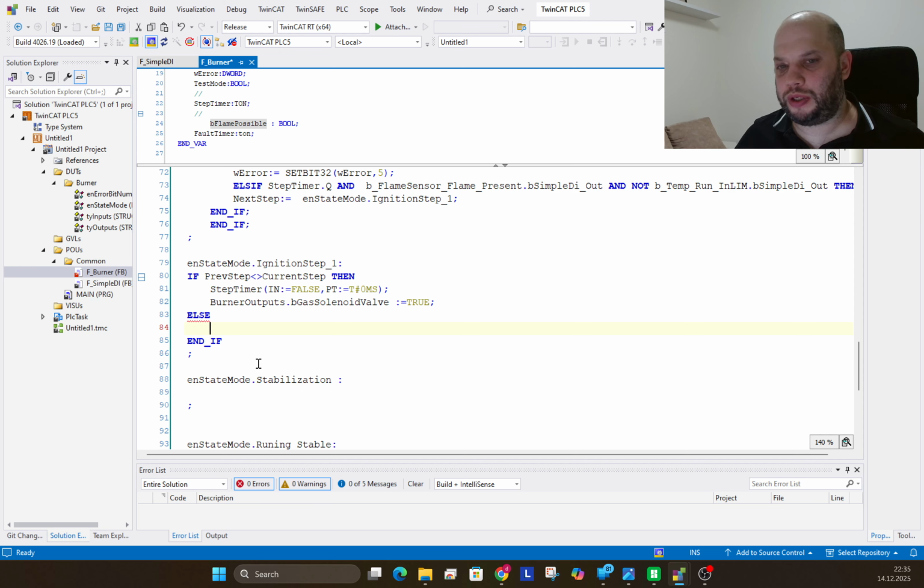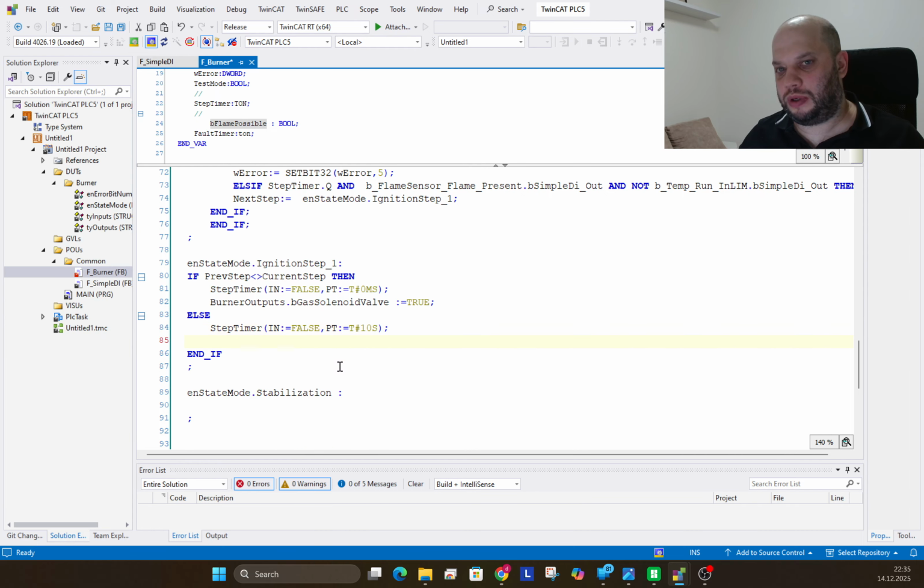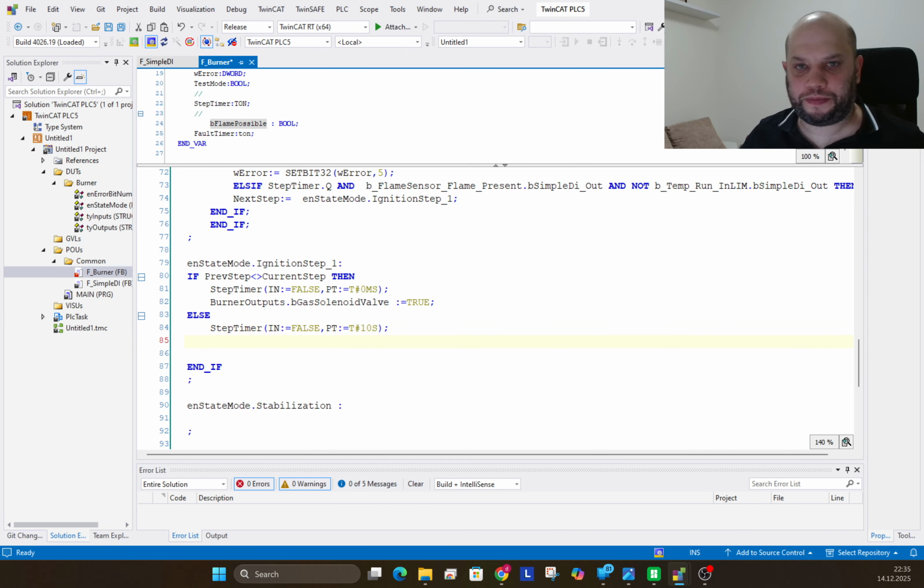So we should already start to detect the flame. So let's activate the timer for 10 seconds. So we have only 10 seconds to detect the flame. So the idea is to detect the flame before these 10 seconds will be triggered.